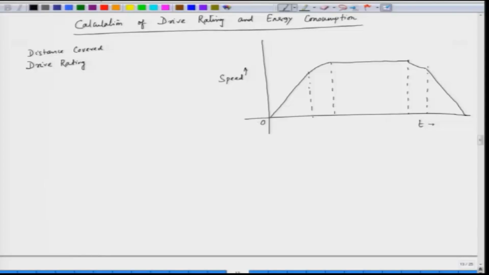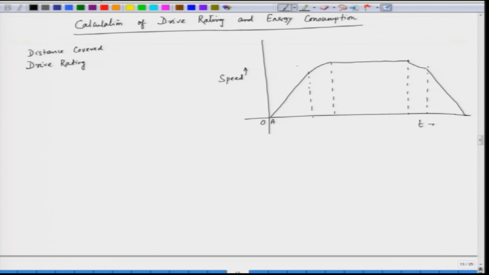We have constant torque, then constant power, free running, and then we have the coasting and we have braking. So, we divide this into various regions.